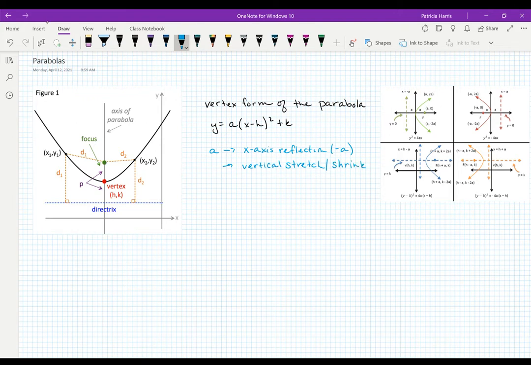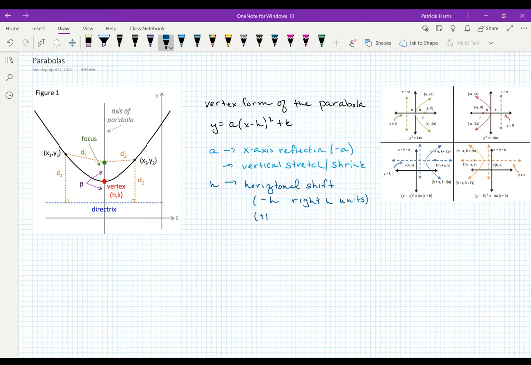h told us a horizontal shift. So if you had a negative h, you went right h units.